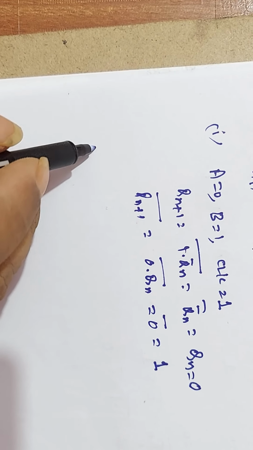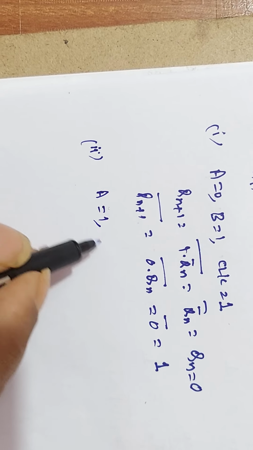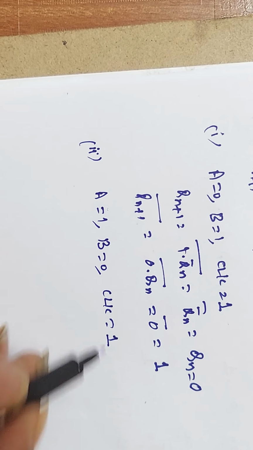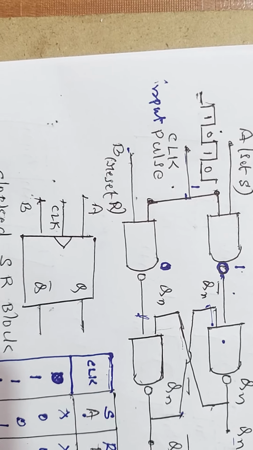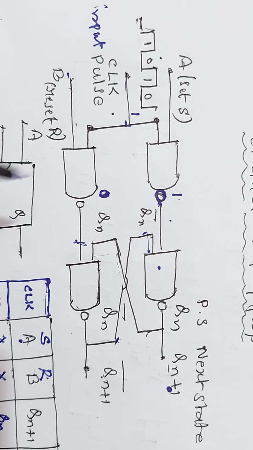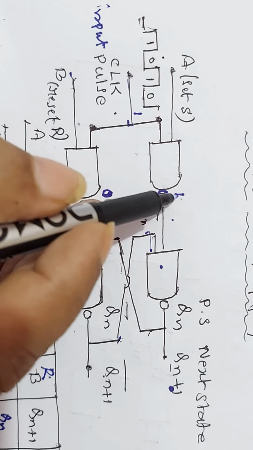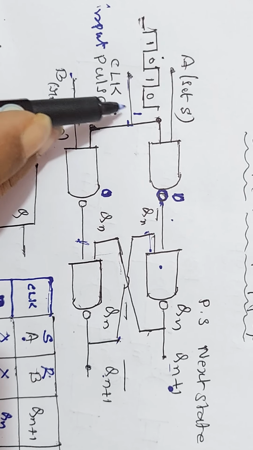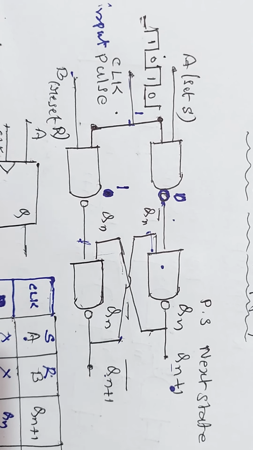Consider the next case. When A equals 1, B equals 0 and clock pulse is present. When A equals 1, clock pulse is 1, 1 into 1 is 1, complementary 0, this goes to 0. B equals 0, 1 into 0 is 0, complementary 1, so this goes to 1.